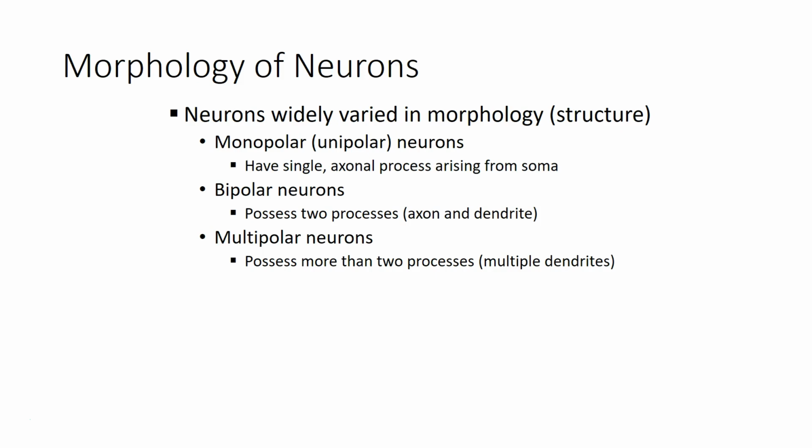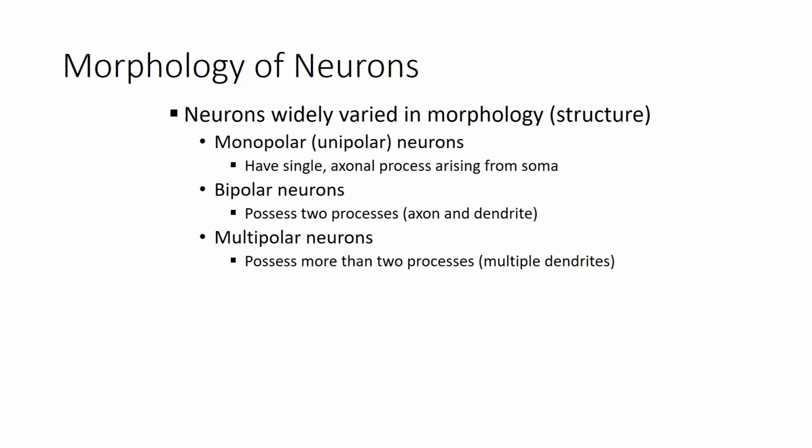All neurons have just one axon on them, just one place they send information out, but they vary in terms of how much information comes in. Monopolar neurons don't take any information in, so these neurons would be involved in processes that happen regardless of, say, sensory information, so basic body functions like circulating blood around the body.